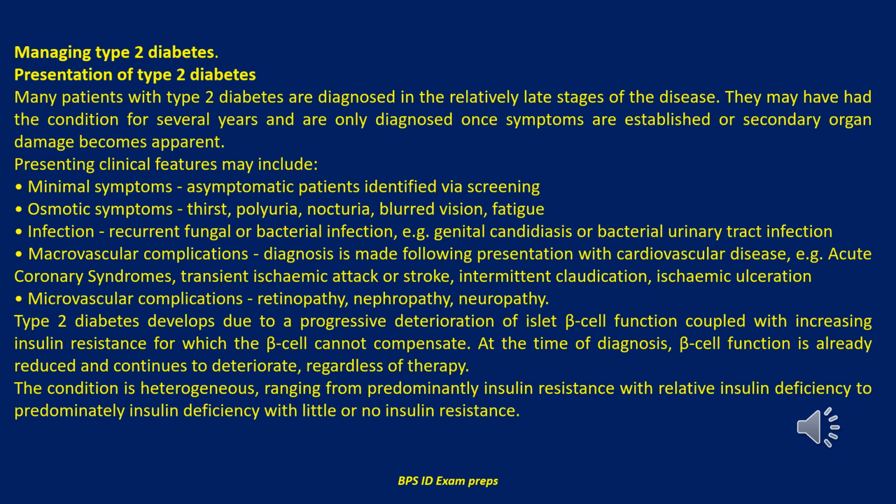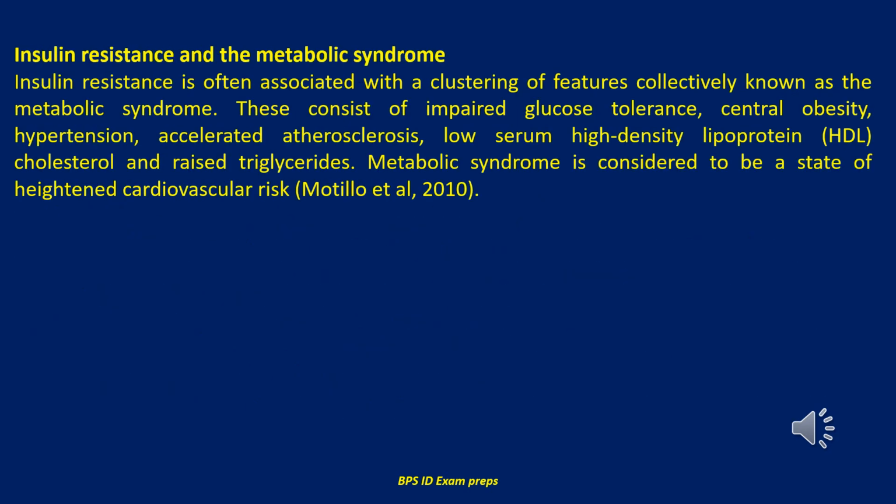The condition is heterogeneous, ranging from predominantly insulin resistance with relative insulin deficiency to predominantly insulin deficiency with little or no insulin resistance. Next we will look at insulin resistance and the metabolic syndrome. Insulin resistance is often associated with a clustering of features collectively known as the metabolic syndrome.